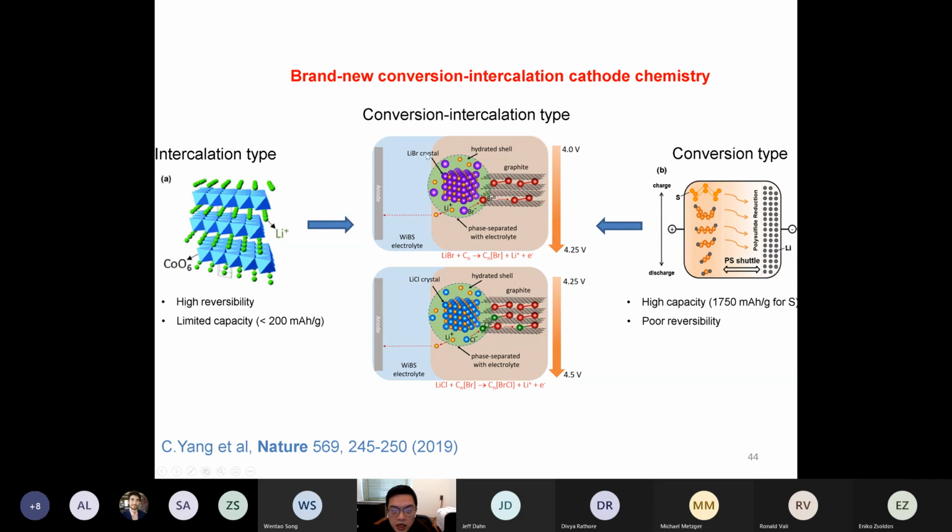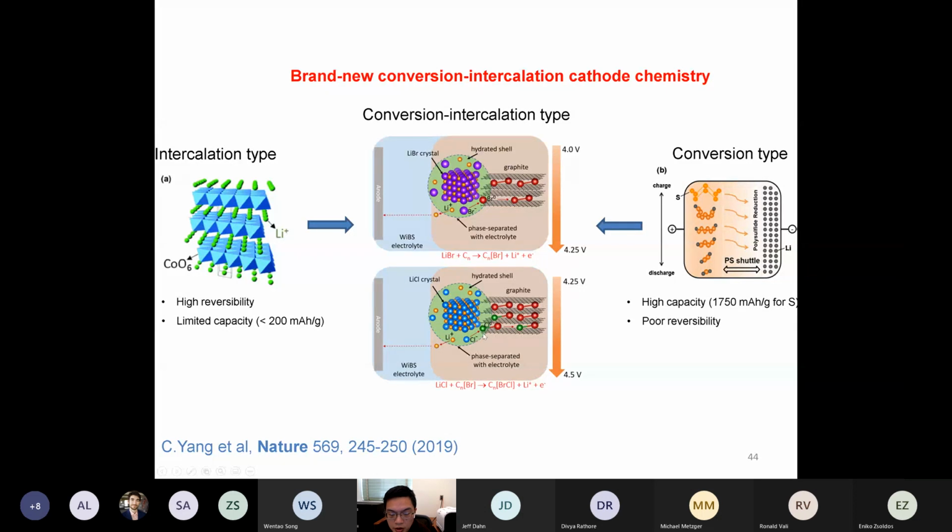So when you use up all the lithium bromide salt, all the bromine is intercalated, forming the stage 2 graphite intercalation compound. With all the bromine consumed, the voltage goes up and begins to oxidize the chloride.